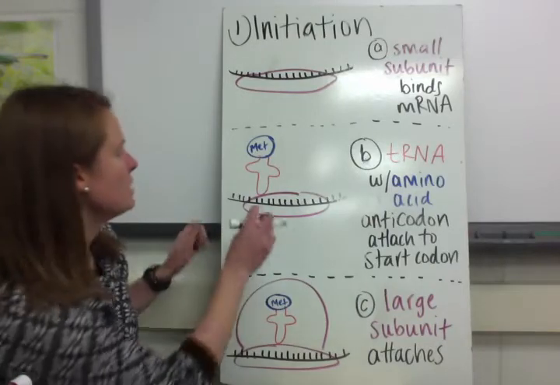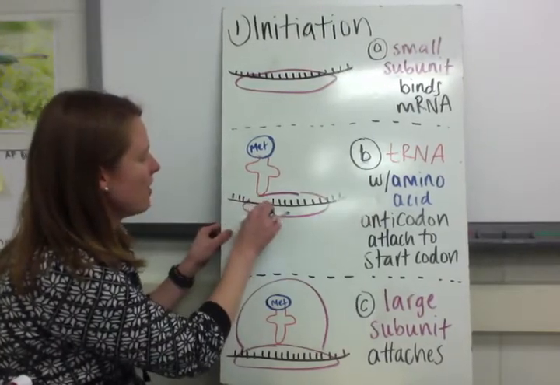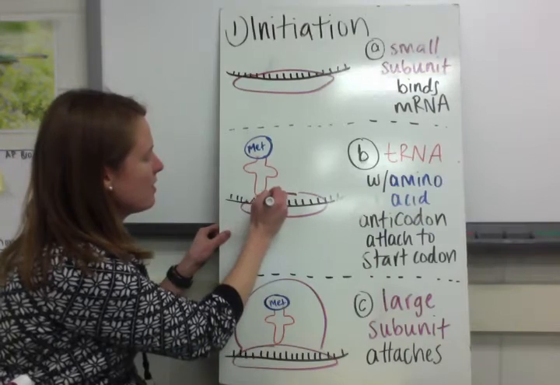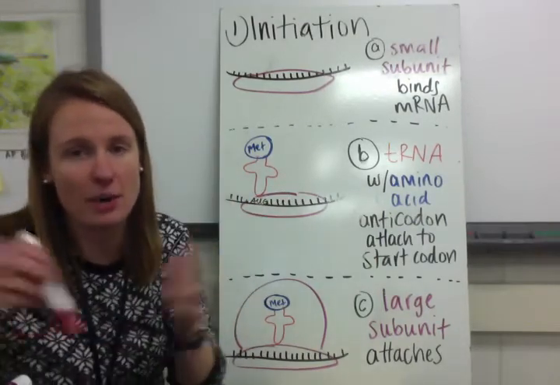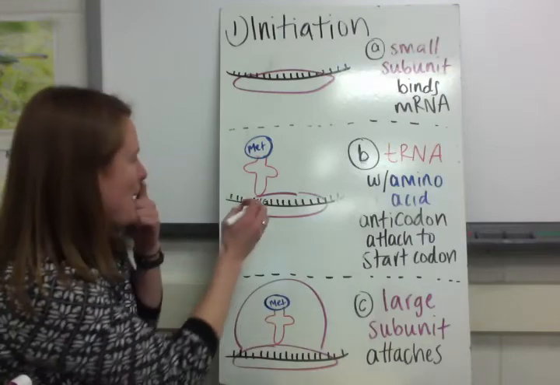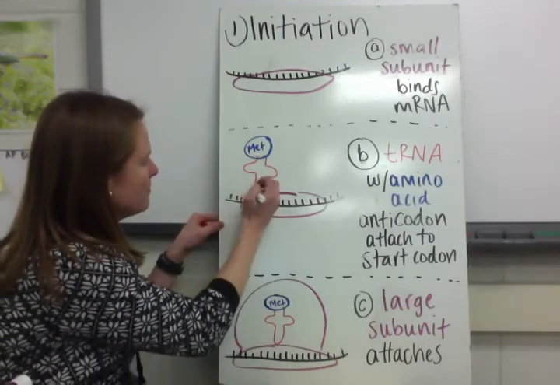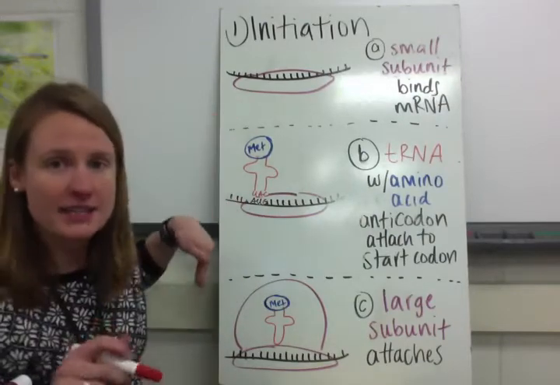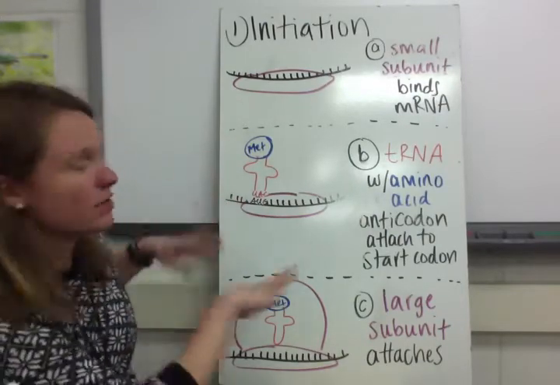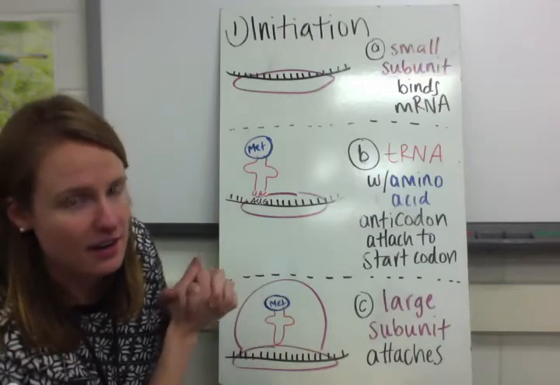So AUG is here on the mRNA. The anticodon is on the tRNA, so the opposite of that, the anticodon would be UAC. So the tRNA binds to that small subunit that has the mRNA in it already.